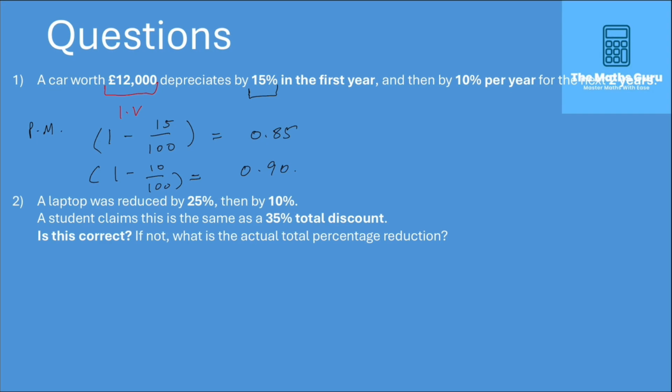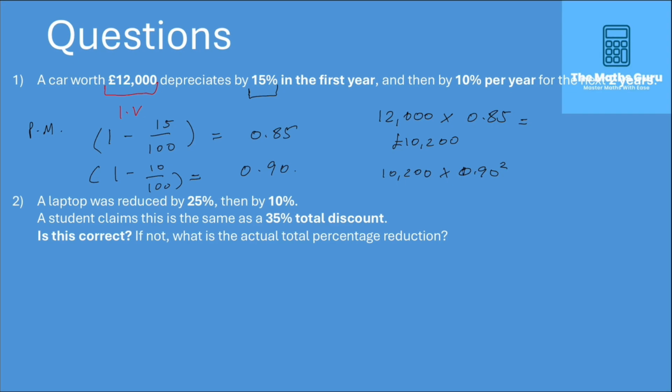The way we do this now is 12,000 times by 0.85. This is going to be the value after the first year. So 12,000 times by 0.85 gives us 10,200. Now, for the 10% a year after this, we can apply the next 2 years in one go because the rate of depreciation is absolutely constant.